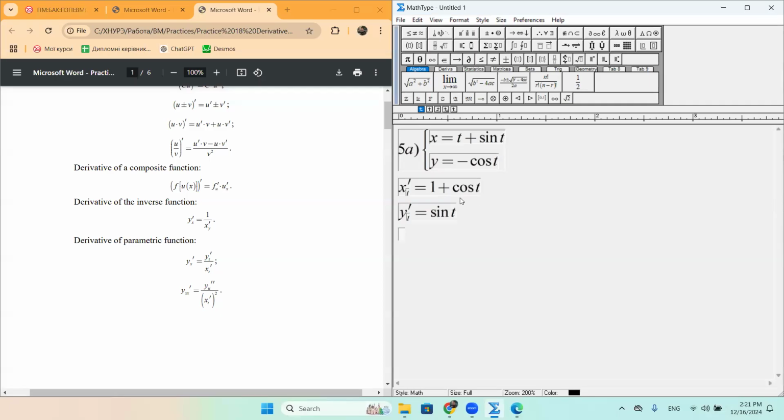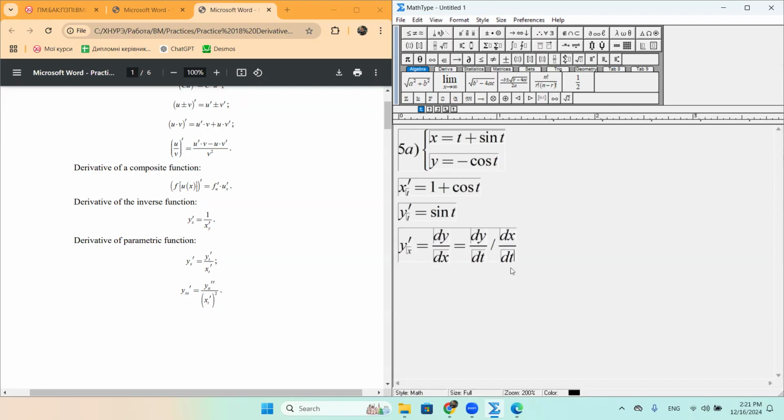And now we need to find the derivative of y by function x. So basically, how can we write it? So it is dy by dx, and if we expand it, so dy by dt divided by dx by dt.